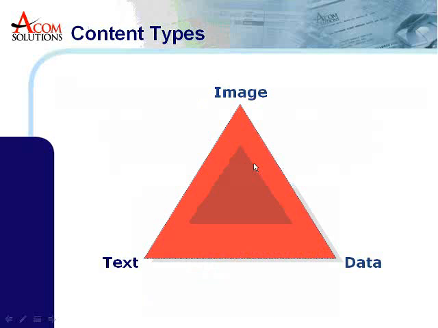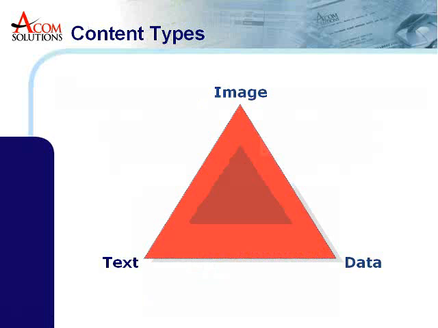If you look at content, we find that there are three fundamental types of content that you're going to come across: text, data, and image. And while we'll certainly have documents that will have a mixture of all three types, normally documents will be predominantly one type or the other, and I use this triangle to explain that.